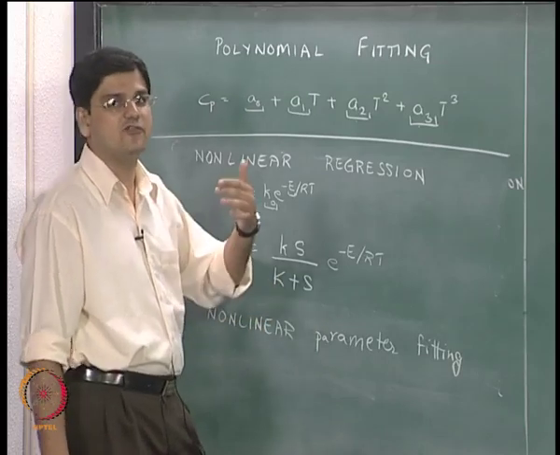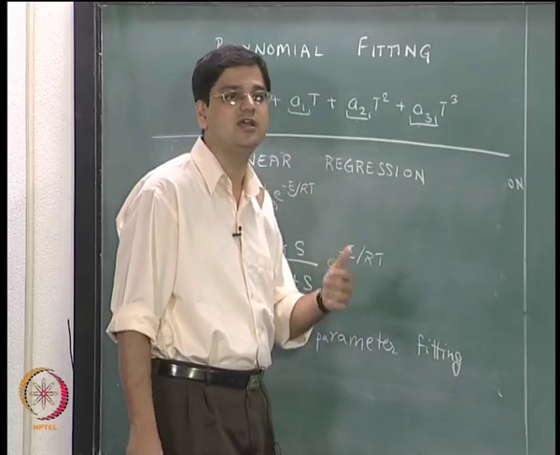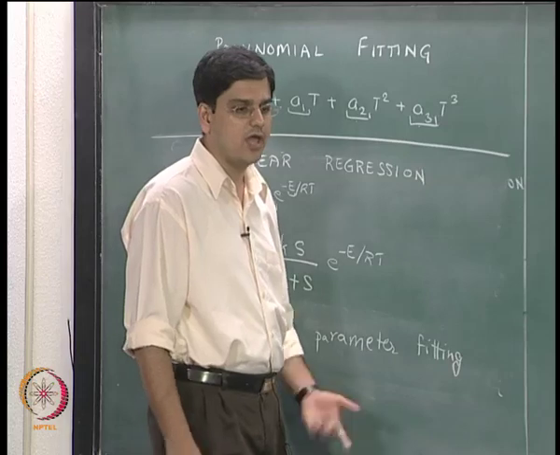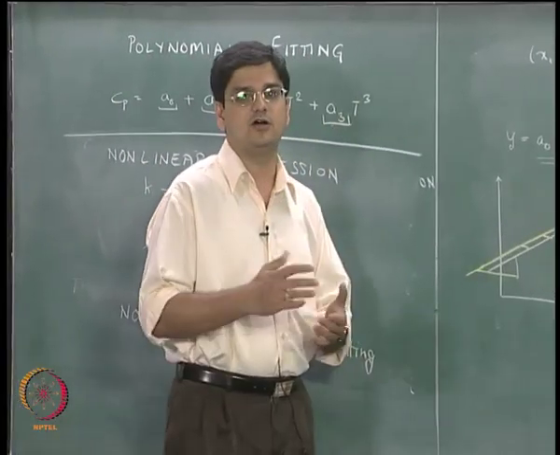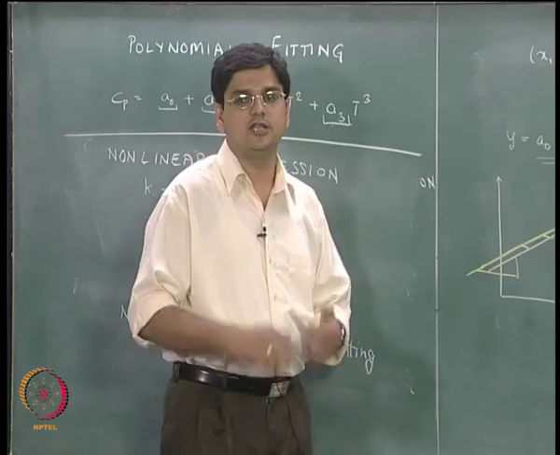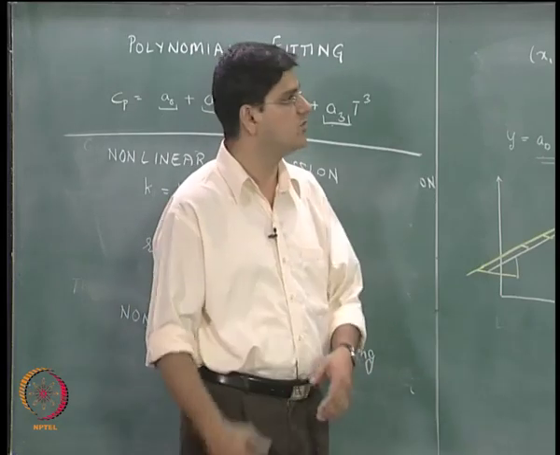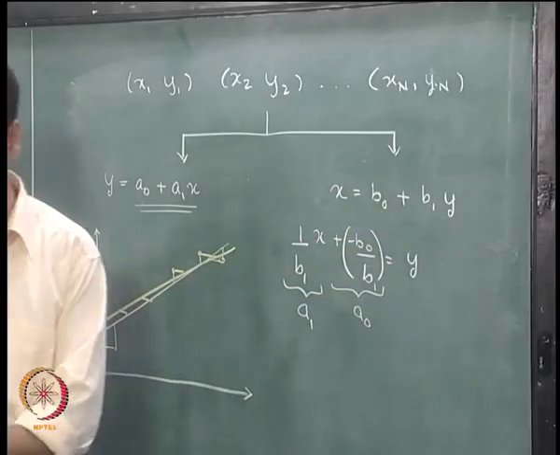In that case, if we minimize the errors in x versus the errors in y, we are going to get different results. We will take up the example that we had worked in the previous lecture and see what results we will get if we do a regression of the form x equal to b0 plus b1y.